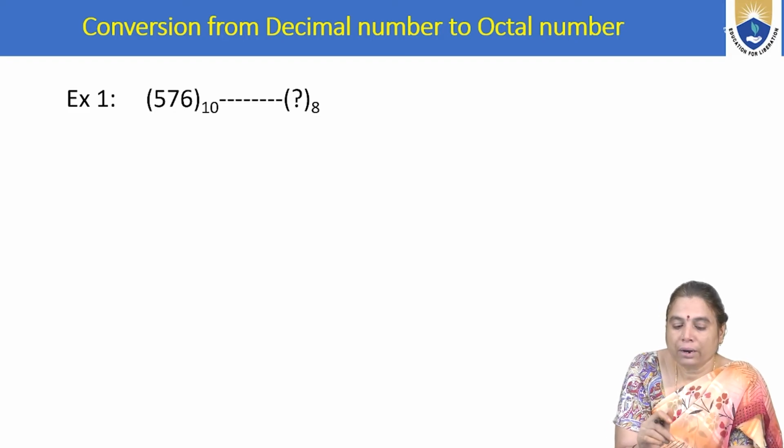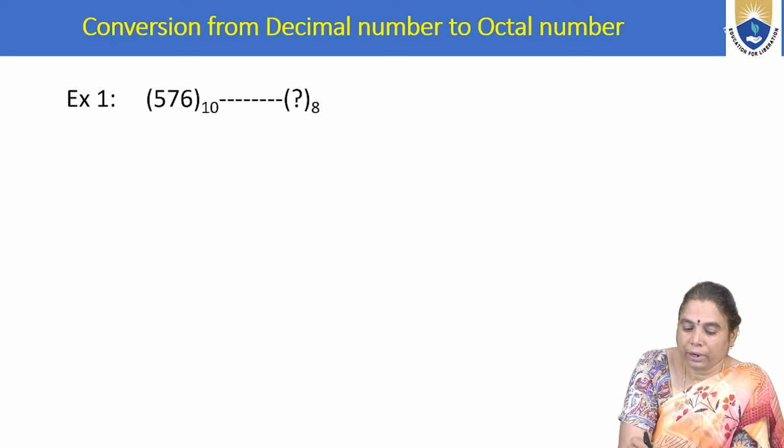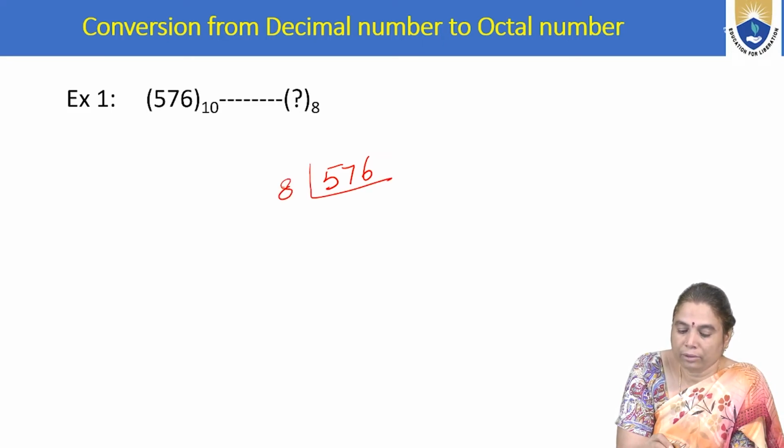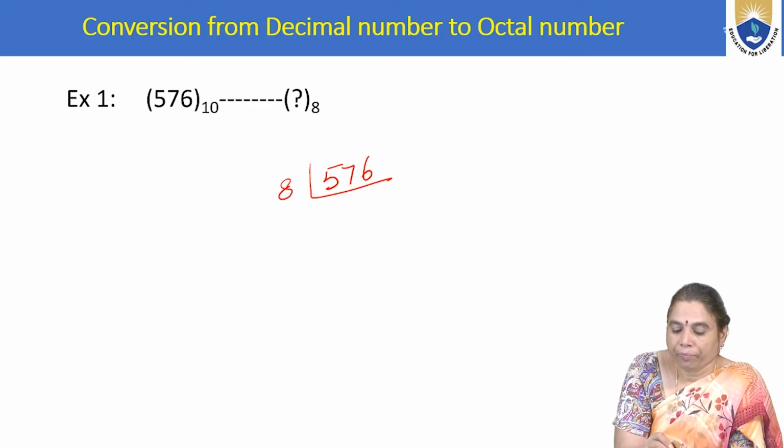Now how to convert this decimal number into the octal number. So take the number and the octal base value is 8. We have to divide this number by the octal base value 8.